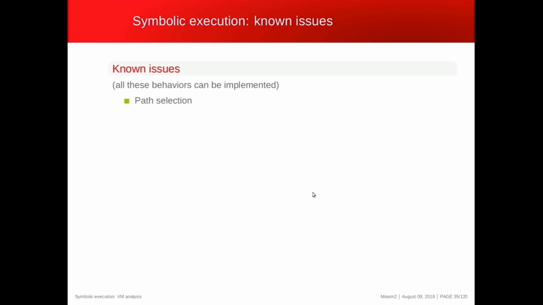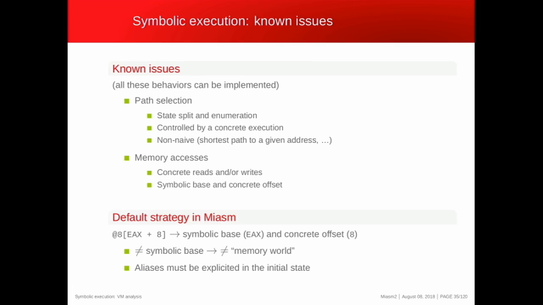It's up to you to choose a good solution for your use case. For example, you can do a state split: you can run on the left side of the branch and on the right side of the branch, and so on. We will show you this with Camille in the next slides. There is another problem with memory accesses. For example, when you try to affect memory using a symbolic pointer, it's a bit weird.